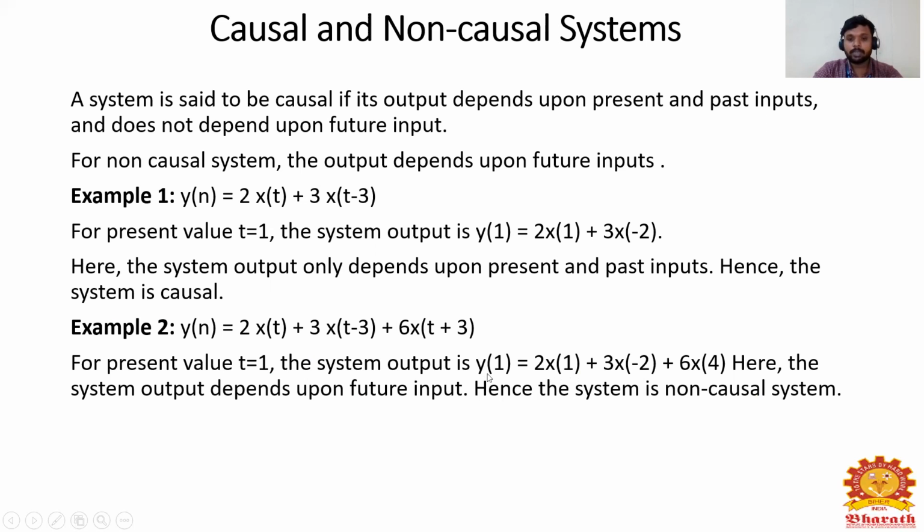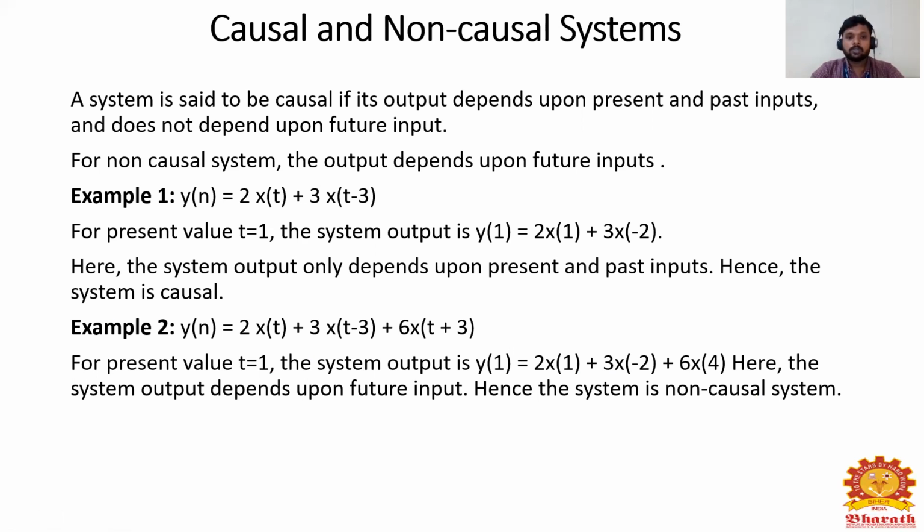Then 3x of minus 2, where minus 2 is a past value, plus 6x of 4. Comparing these inputs, x of 4 is future. So the output depends upon the future input. If the output depends upon the future input, then the system is called a non-causal system.